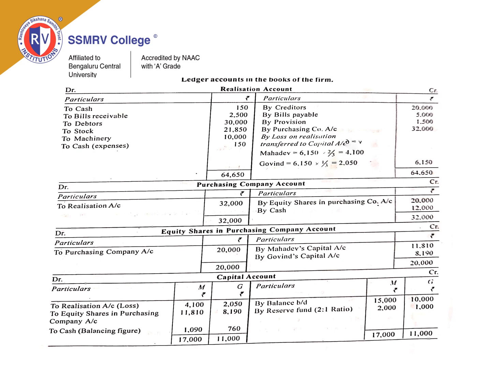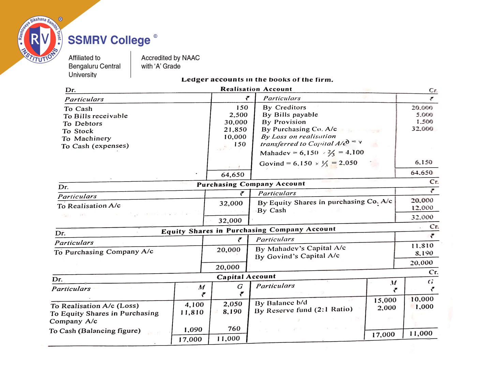Then the next step is the purchase consideration due. The entry for that is purchasing company account debtor to realization account. So on the credit side of realization account, the entry will be by purchasing company account, 32,000 is the amount of PC due.